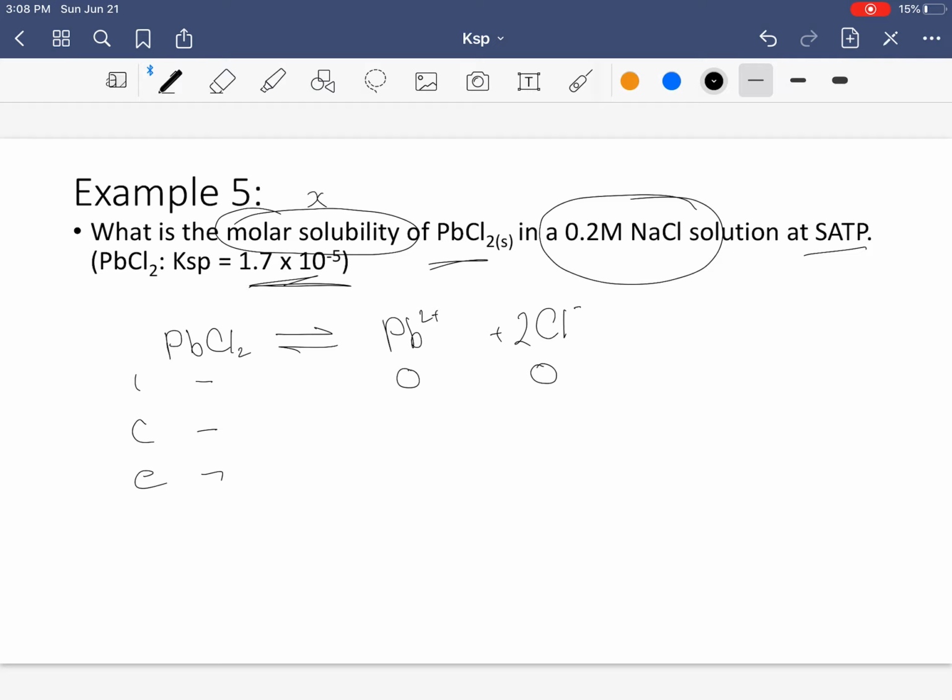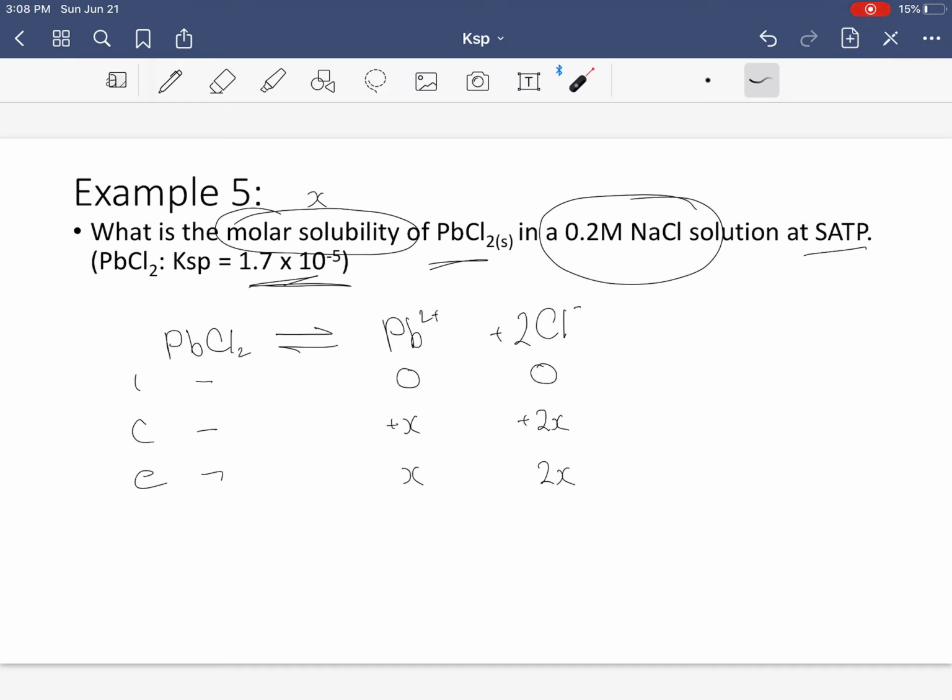Okay? And for the change, this is positive. You're going to get more of these by 1 molar, and you're going to get 2 of these by 1 molar. And we want to find what X is. Okay? X and 2X.